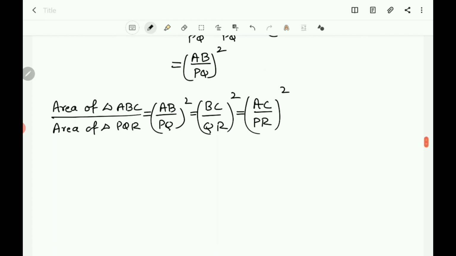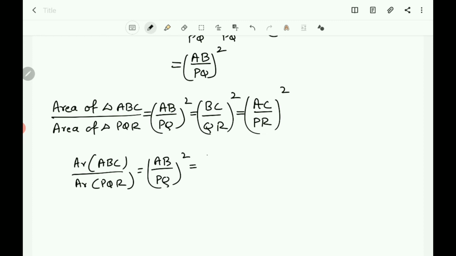So in short, area of triangle ABC by area of triangle PQR is equal to AB by PQ whole square is equal to BC by QR whole square is equal to AC by PR whole square.